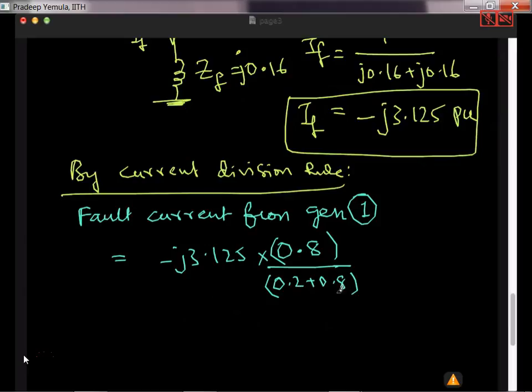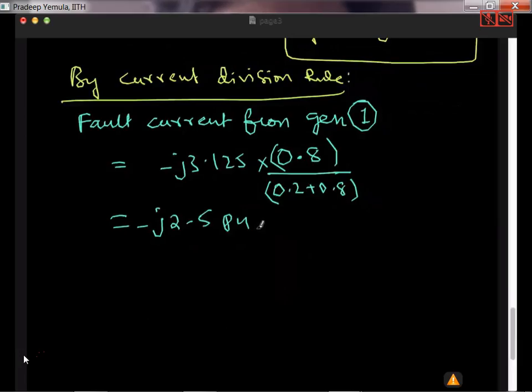So 0.8 plus 0.2 is 1.0, so just 0.8 of this one. 3.125 into 0.8, so that will be 2.5 per unit. So this is the fault current coming from the generator 1.